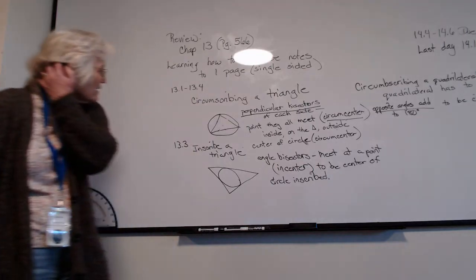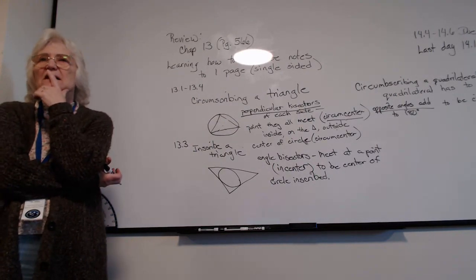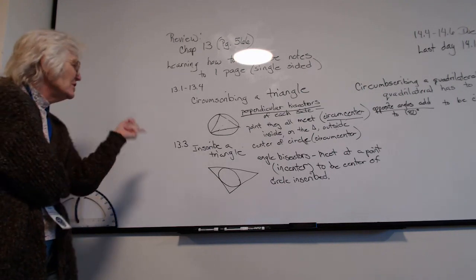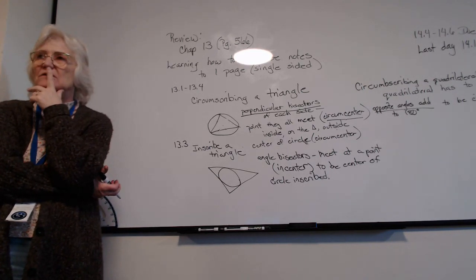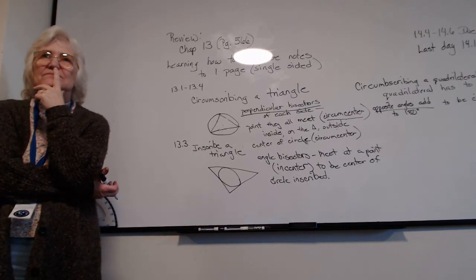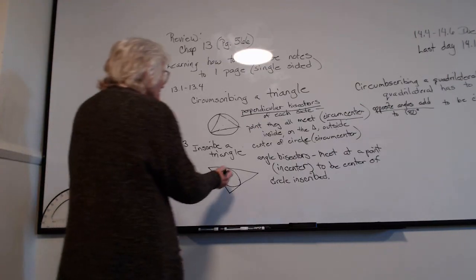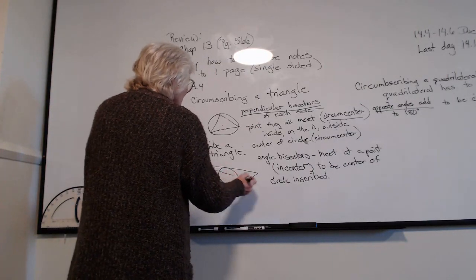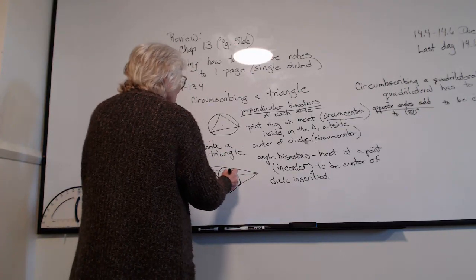Okay. How do I find the radius of the circle that I'm going to use when I inscribe a circle in a triangle? Once I find the center point, I just bisect all these angles, and I found this point here.